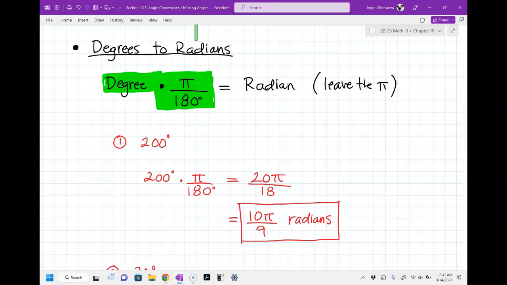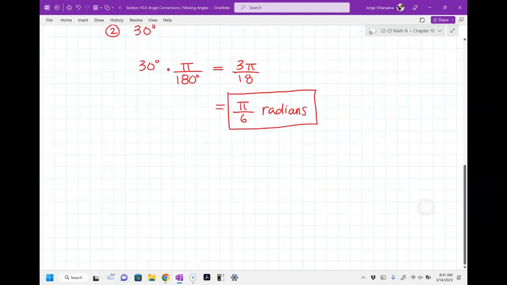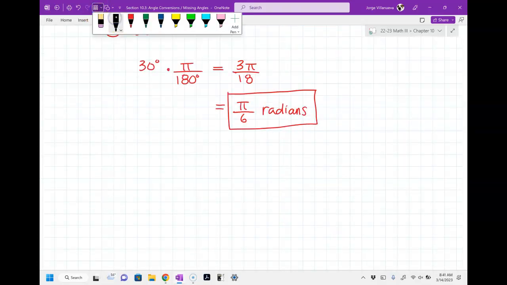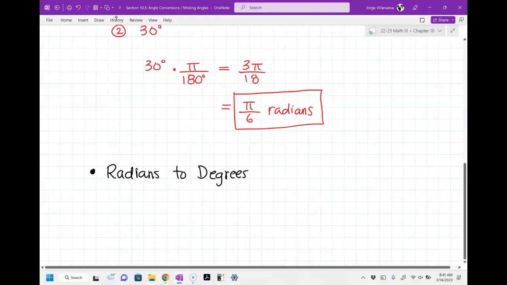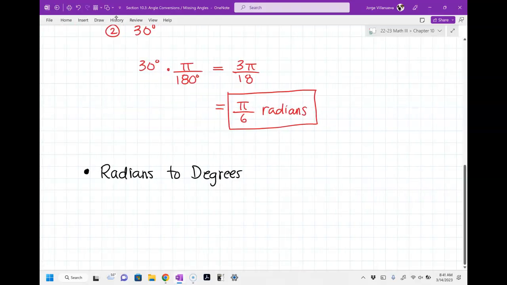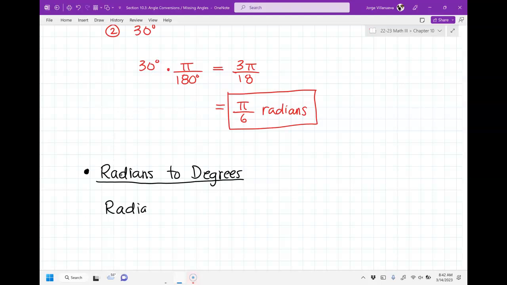All right. So let's go to radians to degrees now. This is the second one. So in case they give you something in terms of radians, and they say, what is it in terms of degrees? So you're going to get your radian measure, whatever it happens to be, and you're going to multiply it by 180 degrees over pi.